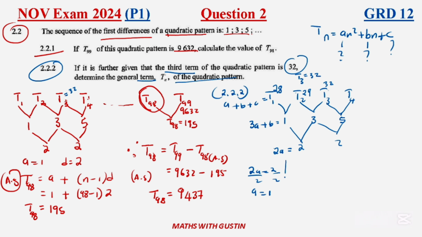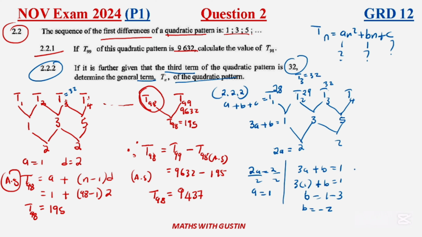All right, so we already got a. Let's continue. 3a plus b is equal to 1. So we know that a is 1, plus b is equal to 1. Now take 3 to that side. You're going to have 1 minus 3, which gives us b equals minus 2. Great.